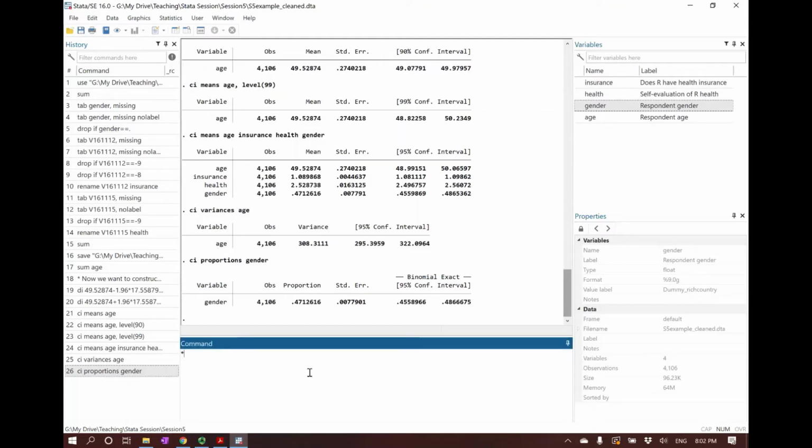So now we want to test if the true mean age is above 48. So my null hypothesis is mu equals 48, and my alternative hypothesis is mu greater than 48.